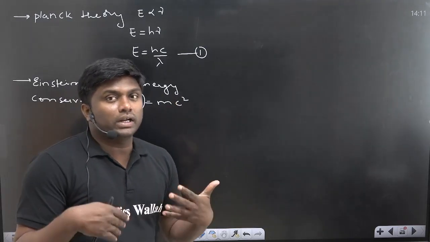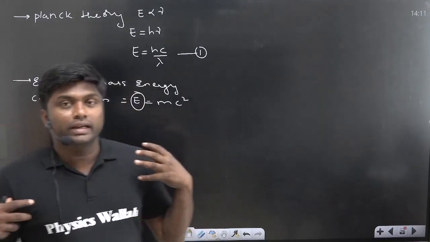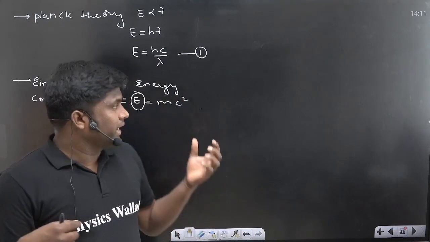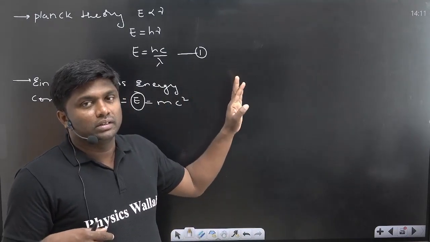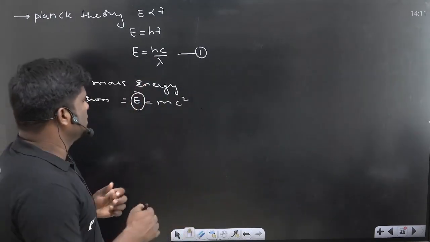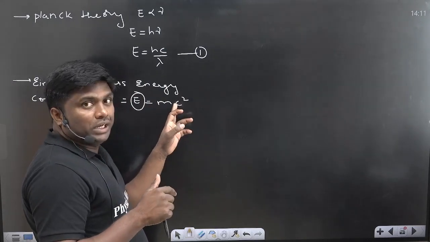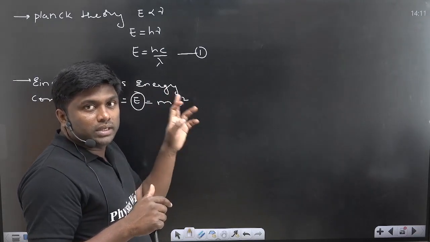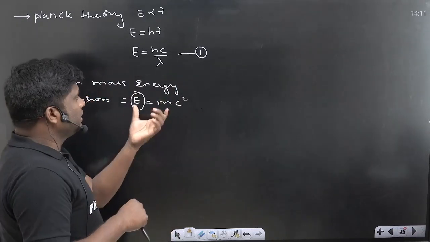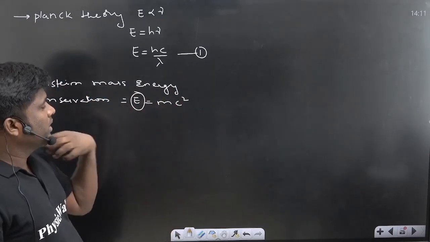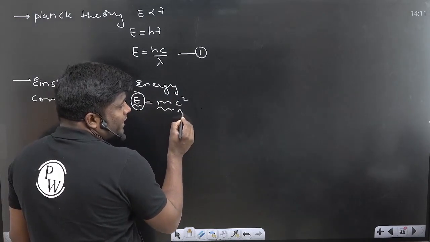For example, what is the energy of me as a particle? It is my mass times the velocity of light, squared. For example, my mass is 85 kgs, into 3 into 10 to the power of 10 centimeters per second, squared. That is the energy exhibited by me. Energy exhibited by any body equals the mass of the body times the square of the velocity of light.